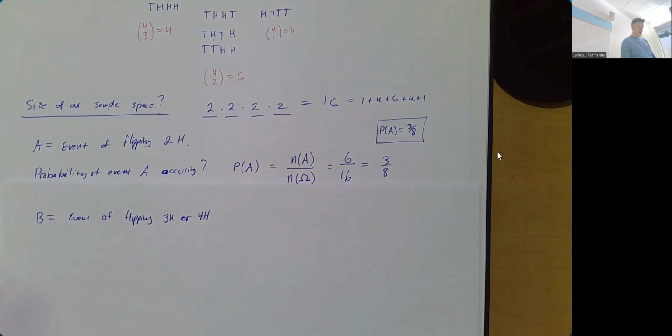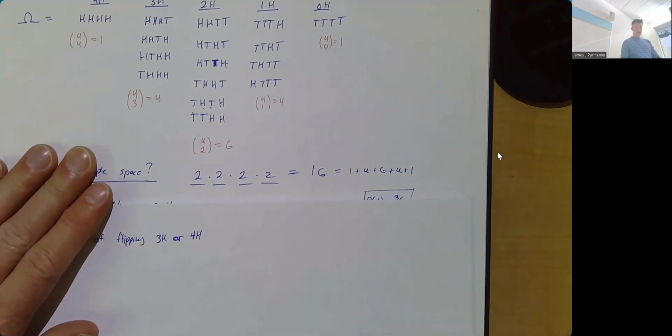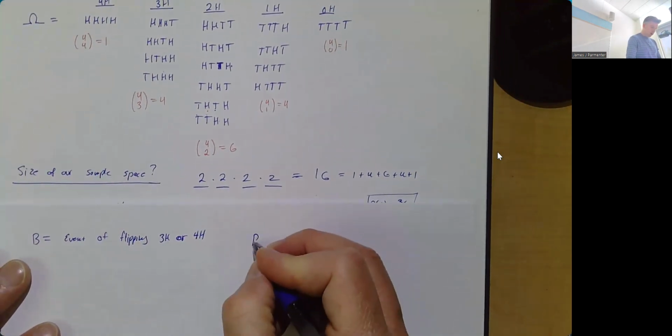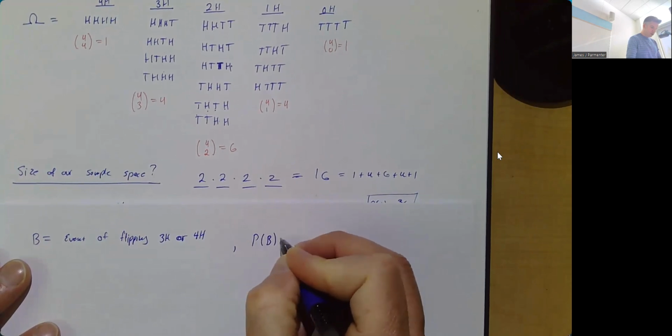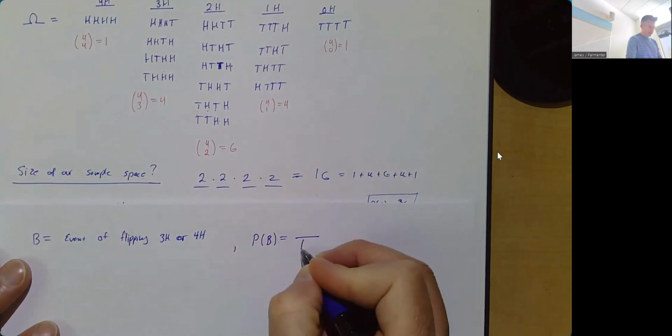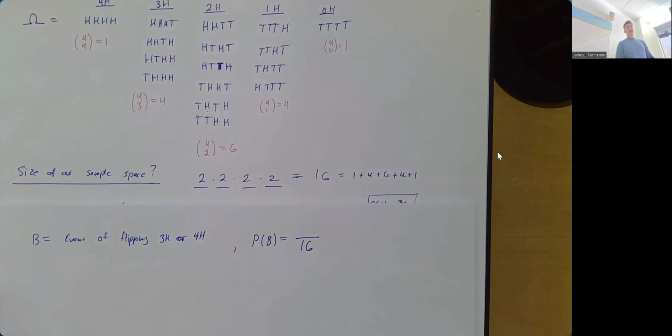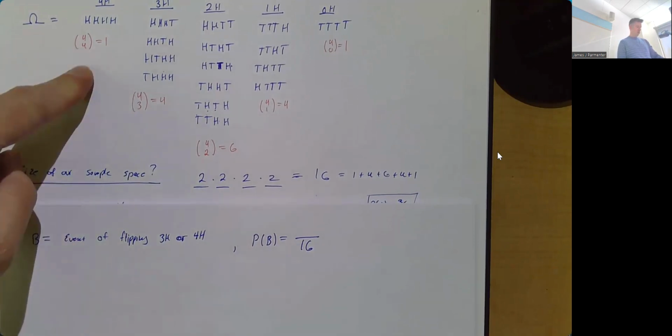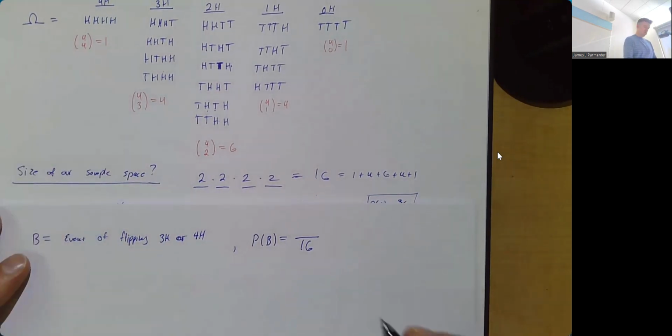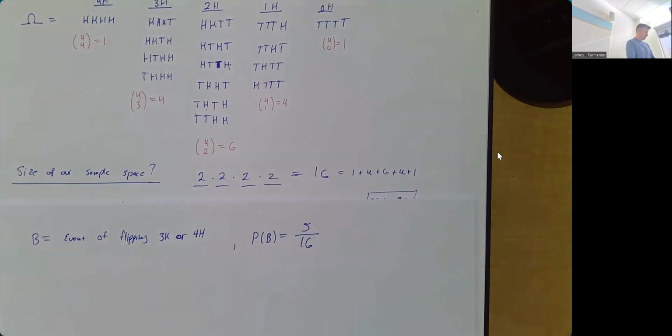If I just look at my list here, the probability of B should be something over 16. How many ways are there of getting event B to happen? You can count on one hand. I think it's 1 plus 4, 5. That's our probability.